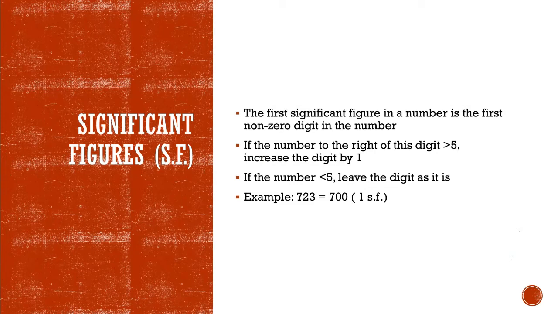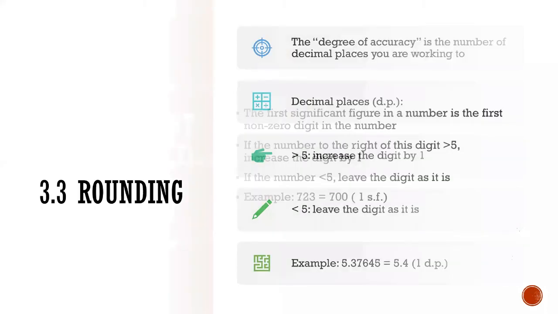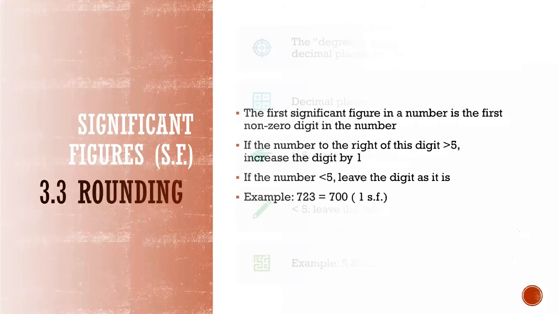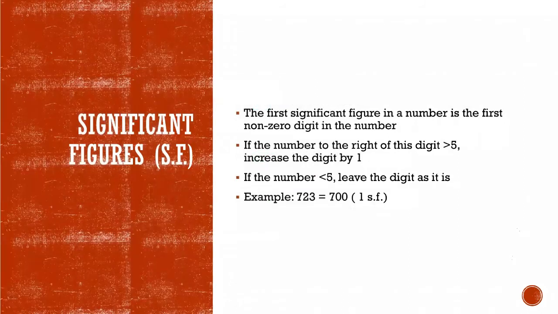This is an example: 723. The first significant figure in this number is 7, so it is equal to 700.